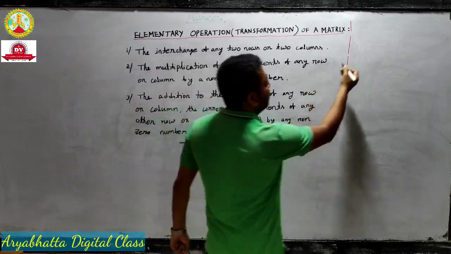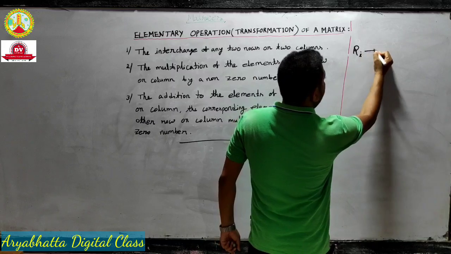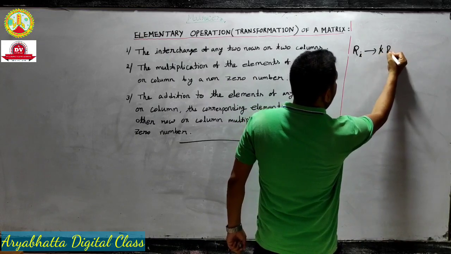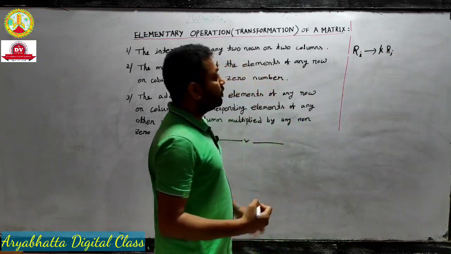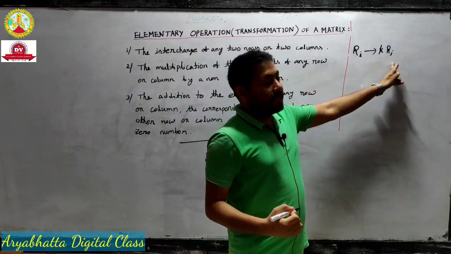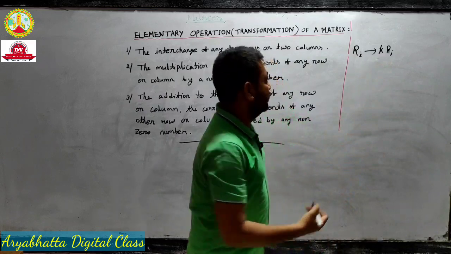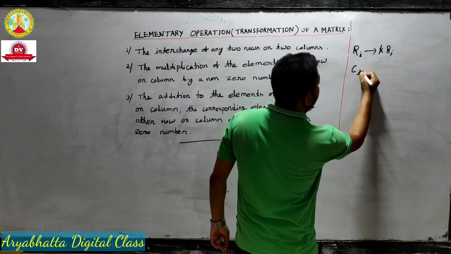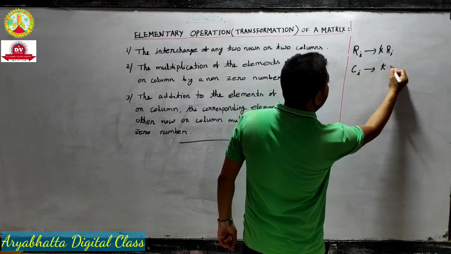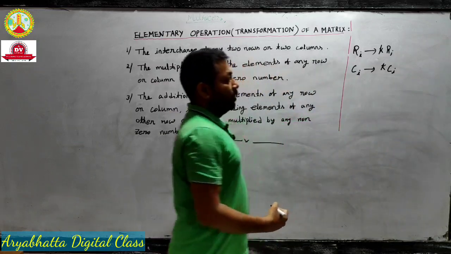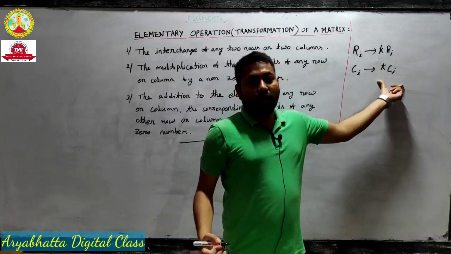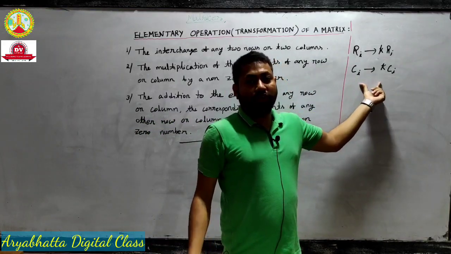It is denoted by Ri tends to k into Ri. That means multiplying each element of the ith row by a non-zero constant number k. Similarly, we can write Ci tends to k into Ci. That means multiplying each element of the ith column by a non-zero constant k.